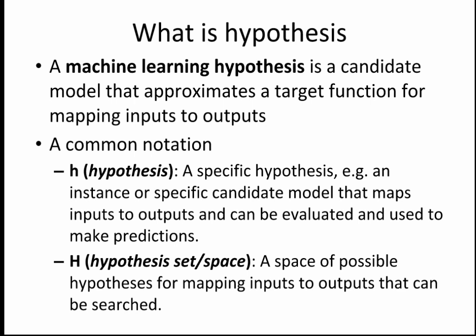Again, when I have given you a set of pictures to tell whether this is a bird or not, we will say that if it is having feathers, if it is having a beak, then you will say it is a bird. So a hypothesis in this particular case could be a set of rules that you are making, right? It could be a combination of features that you are making.